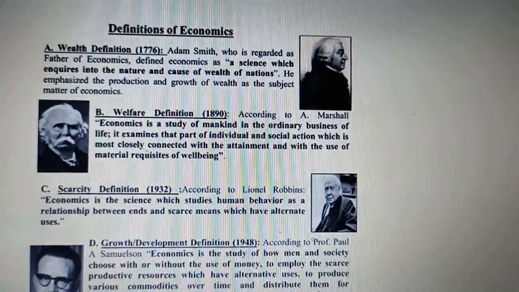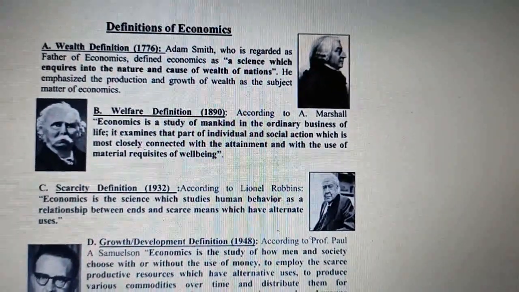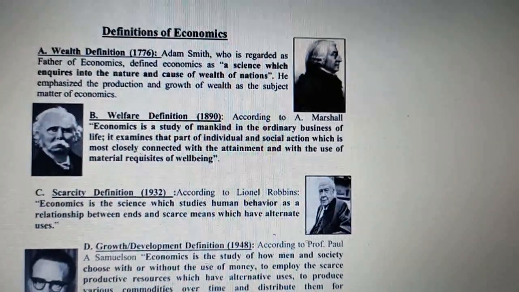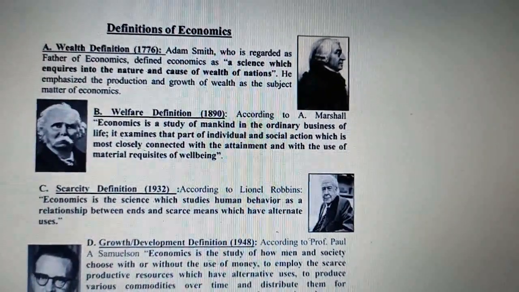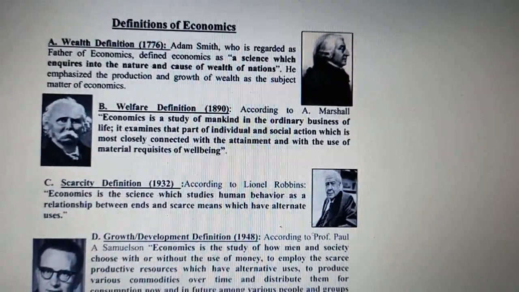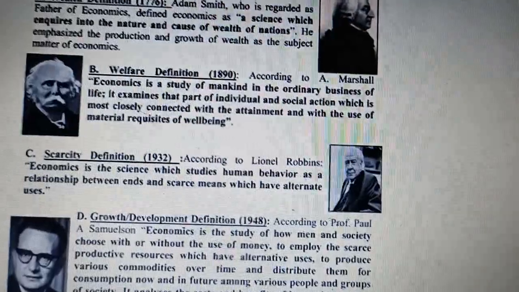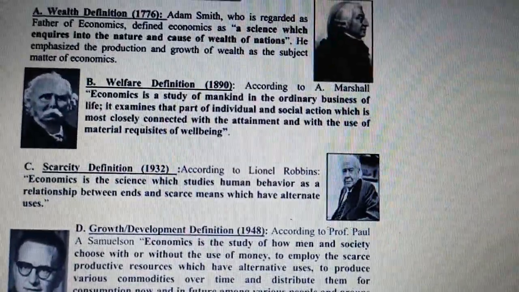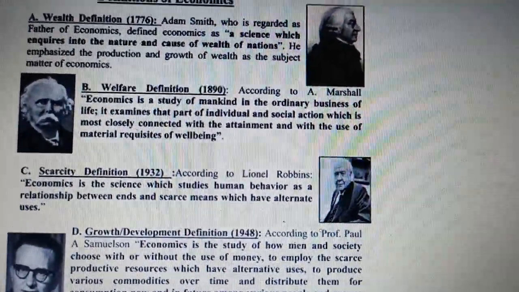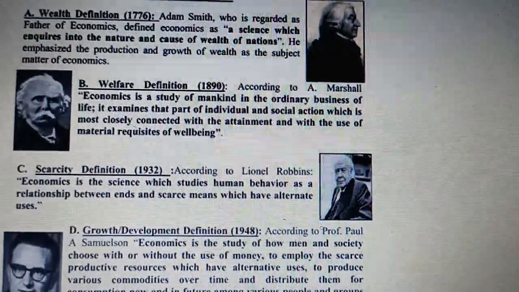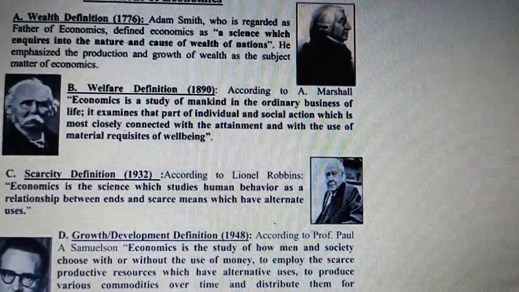And he says economics is an inquiry into the nature and causes of wealth of nations, and he emphasized the production and growth of wealth as the subject matter of economics. And the second definition was given by Alfred Marshall in 1890, in his famous book Principles of Economics, that is related to welfare.